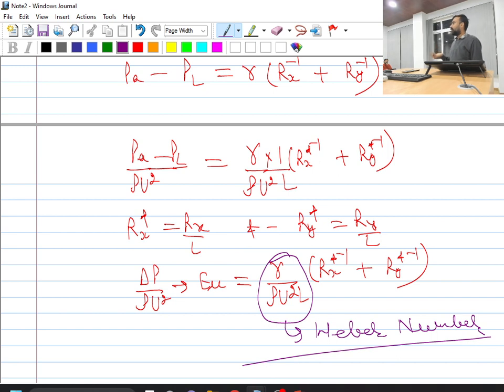If you have a pipe which is completely filled with either liquid flowing through it, or completely filled with air flowing through it, in that case you will find there is no presence of free surface. If there is no free surface, then the term involving Weber number will be negligible, and in that scenario you will find this delta P for air and liquid will actually be the same. Because it will not come into the picture.